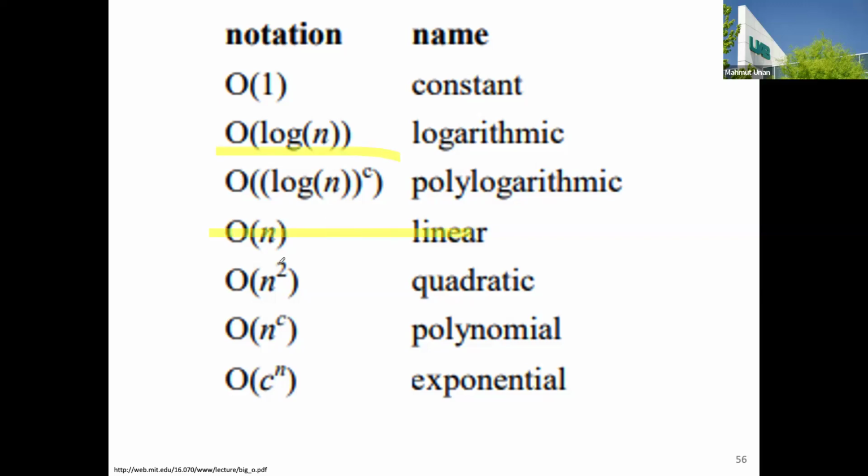Then linear time complexity, quadratic, and polynomial, which is n cubed, n to the 4. We will call all of them polynomial. Or it is going to be exponential if it is like 2 to the power of n, 3 to the power of n. This usually means, hey, that's a horrible time complexity, not even applicable.